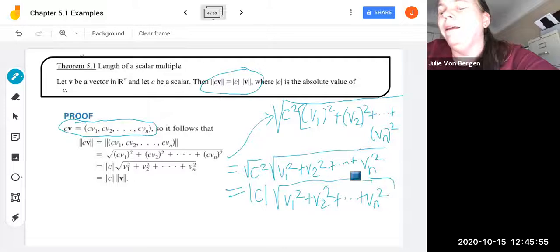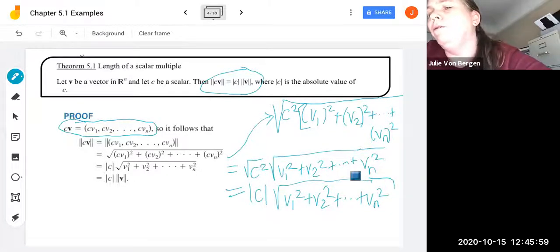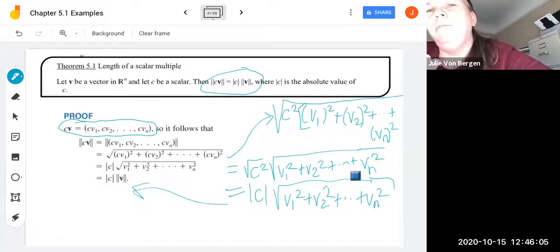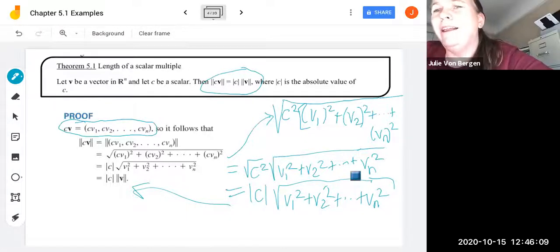Multiplied by the square root of v1 squared plus v2 squared, all the way through adding vn squared, which is just the norm of v. So we end up right back here. So we have proved that the norm of a scalar times vector v is just the absolute value of that scalar times the norm of v. That's going to save you time when you are doing calculations by hand.